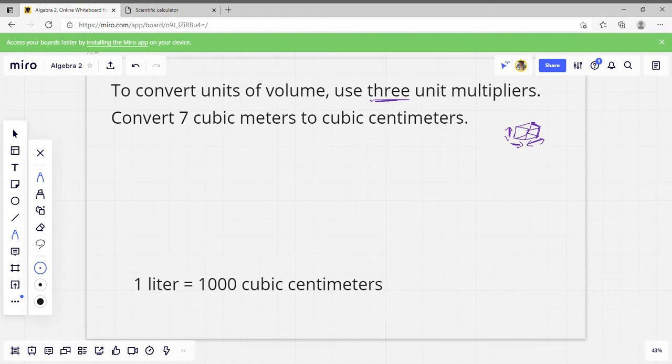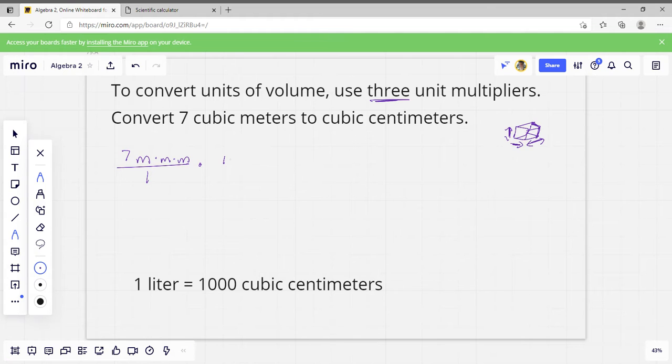So convert 7 cubic meters to cubic centimeters. So we're going to have 7 meters cubed. That means I have meters times meters times meters, and I'm going to put that over 1. And then I'm going to say how many centimeters are in a meter. 100.